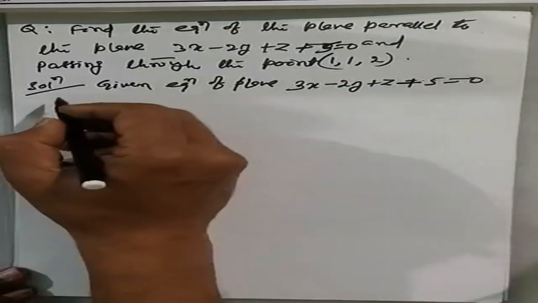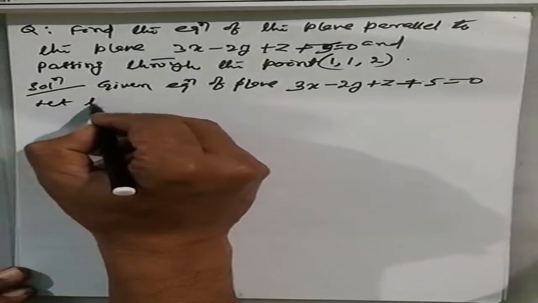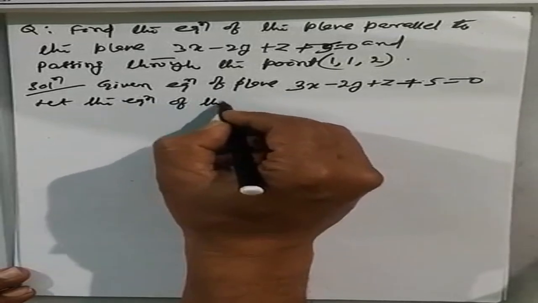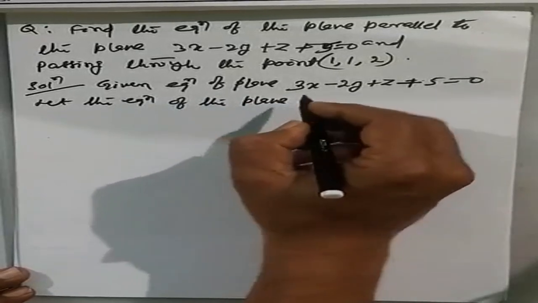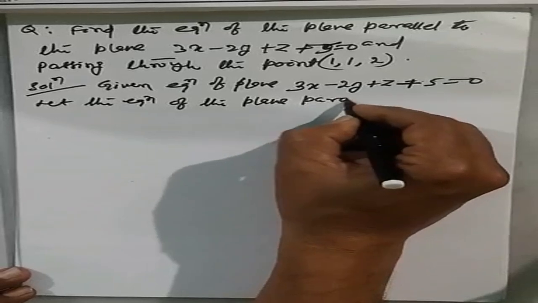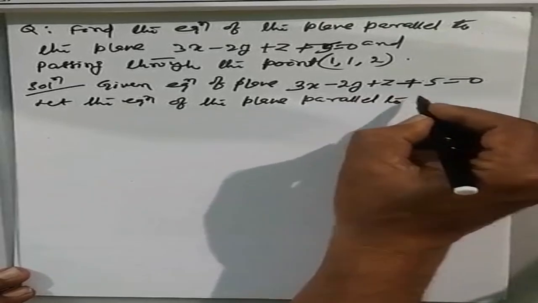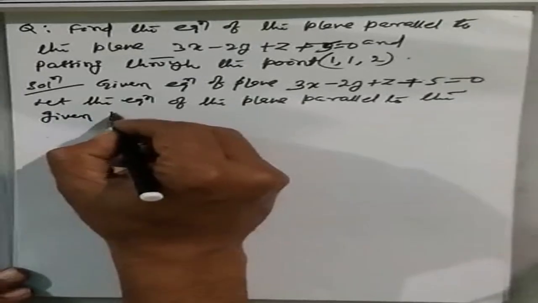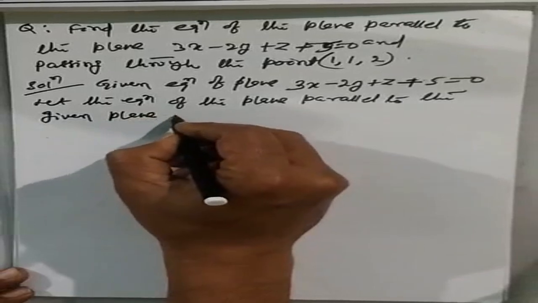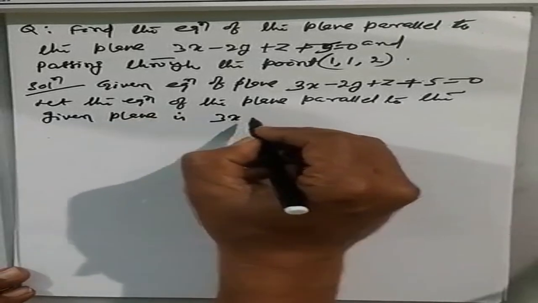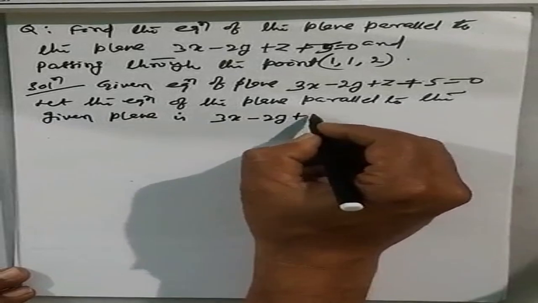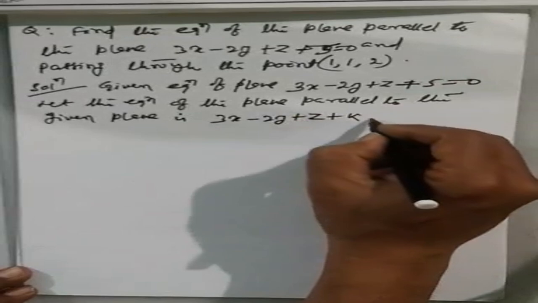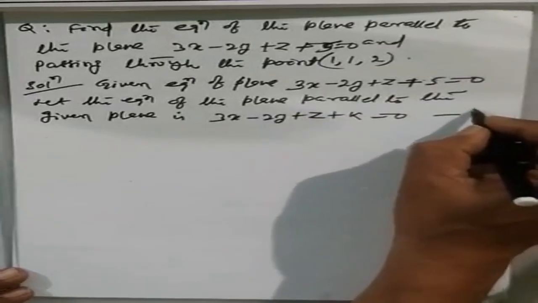Let the equation of the plane parallel to the given plane be 3x minus 2y plus z plus k, where k is a constant, is equal to 0. Let's say this is equation 1.